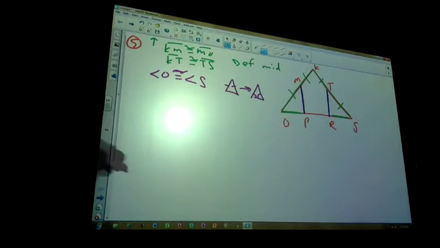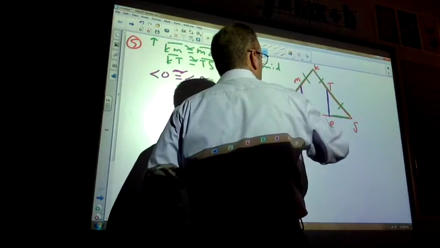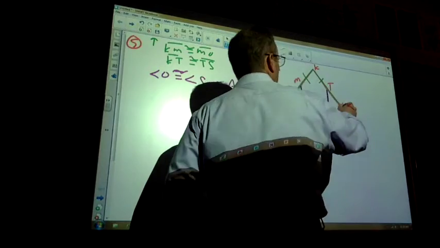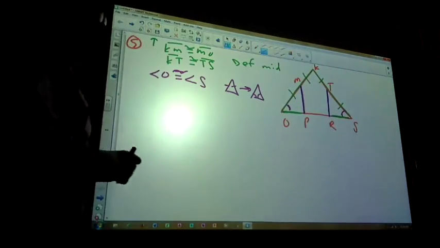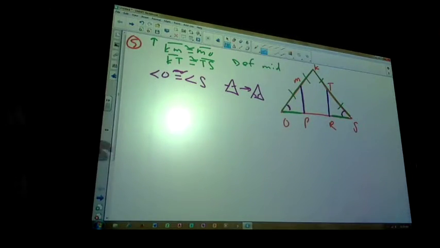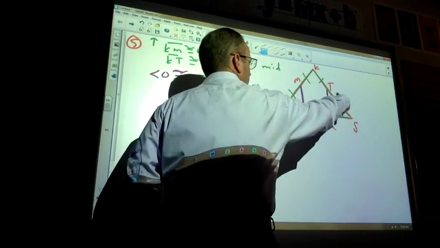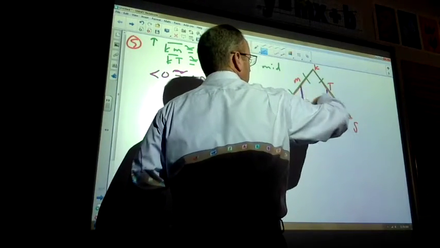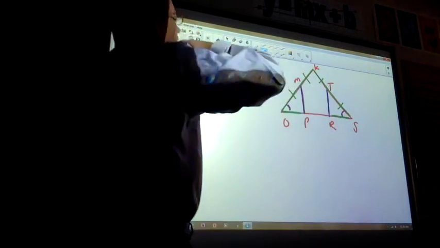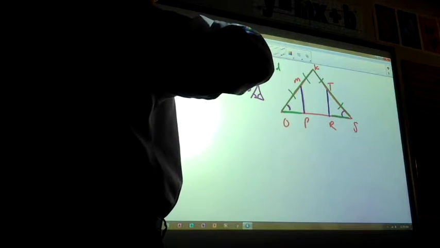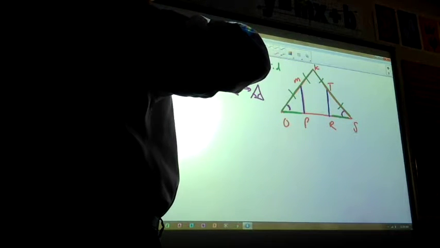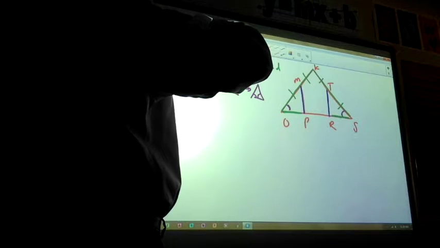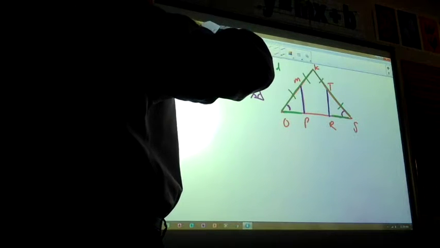Do I have enough information to prove these two small triangles are congruent to each other? Yeah. Okay, I already know this is congruent to this. I know this segment is congruent to this segment.